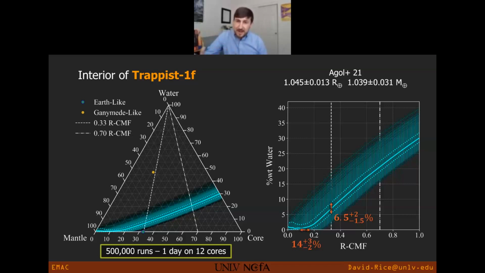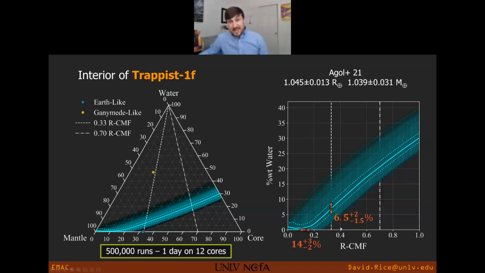So this is taking 5,000 draws of mass and radius, shooting across reduced core mass fraction, which is the core divided by the mantle, and then solving for the water mass fraction, or it's the core divided by the mantle plus the core, kind of the iron to silicate ratio of the planet. And you can see the different water mass fractions across this parameter space, and for an Earth-like RCMF we require about 6.5% of water.